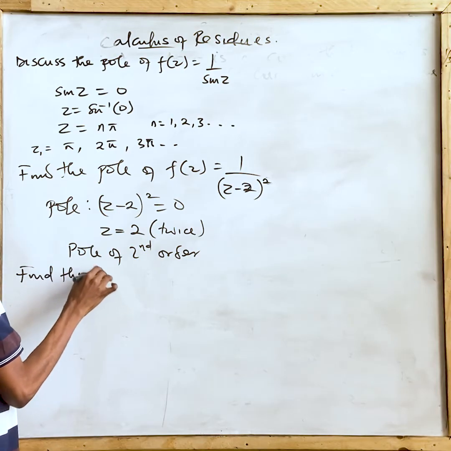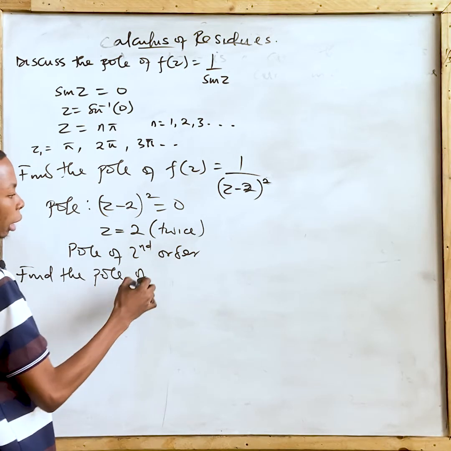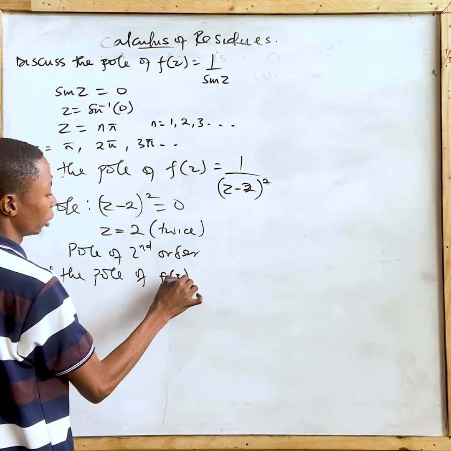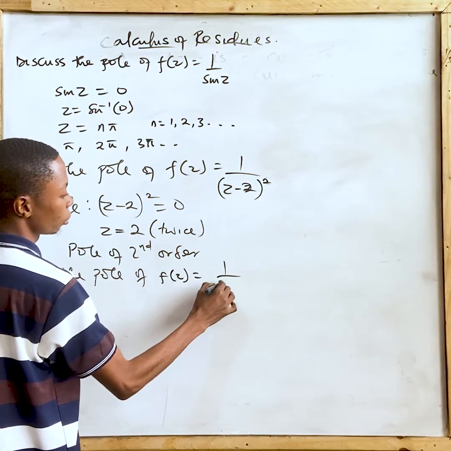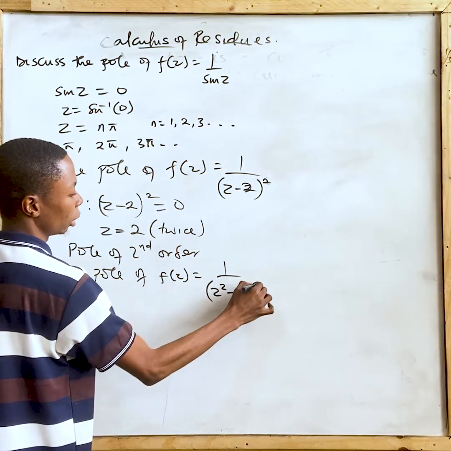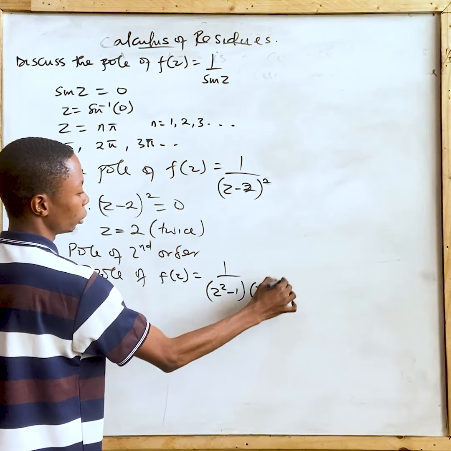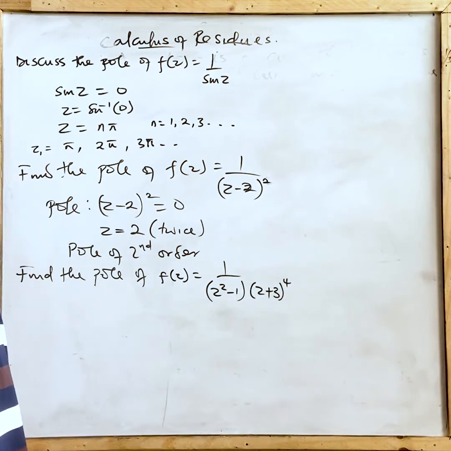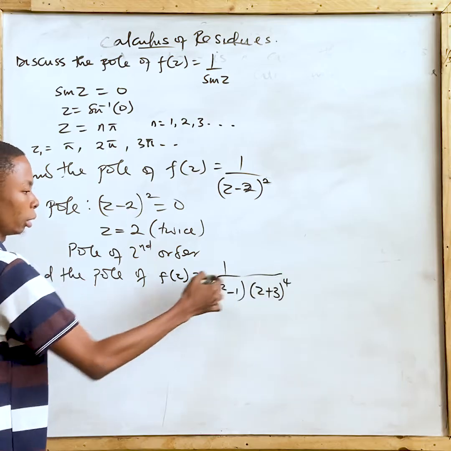So find the pole of f(z) = 1/((z²-1)(z+3)⁴).